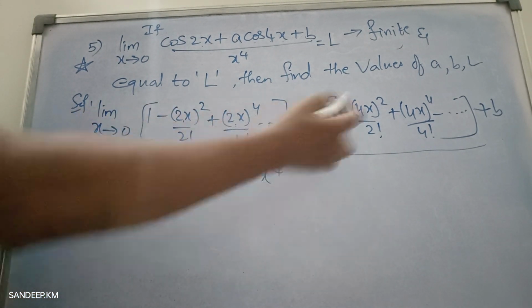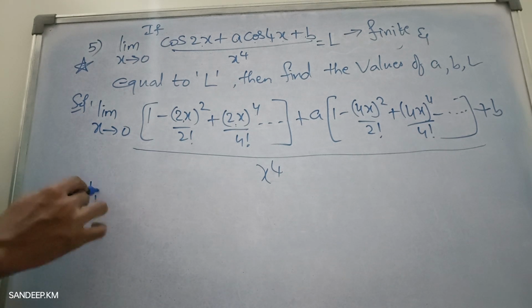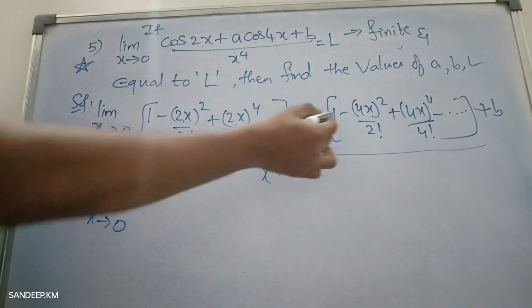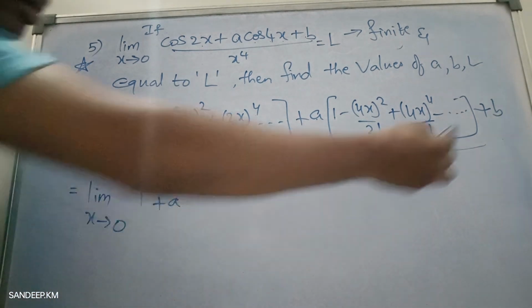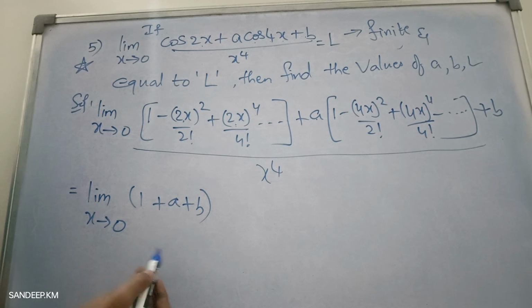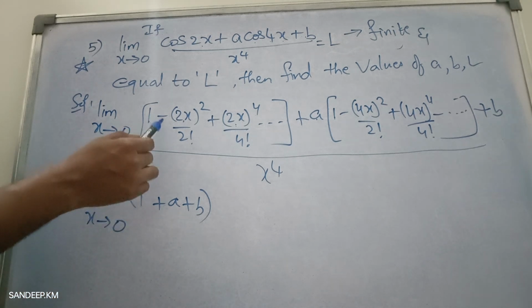First let me write constant term in the numerator. Limit x approaches 0, 1 plus a into 1 is plus a plus b. So this is the constant term in the numerator's expansion. Next we will get x square term, correct or not? What is x square term? Please observe.